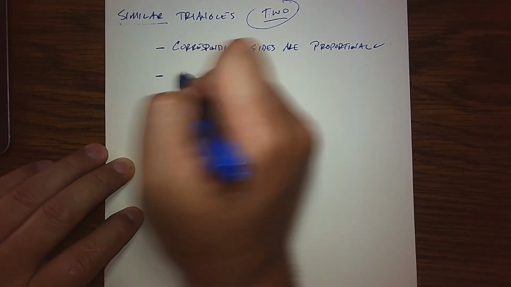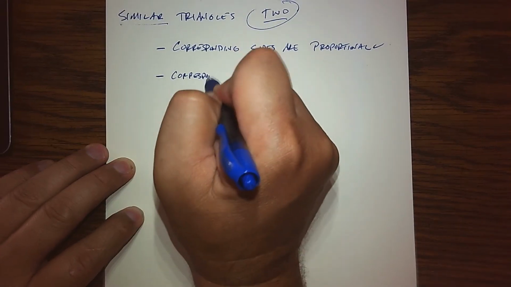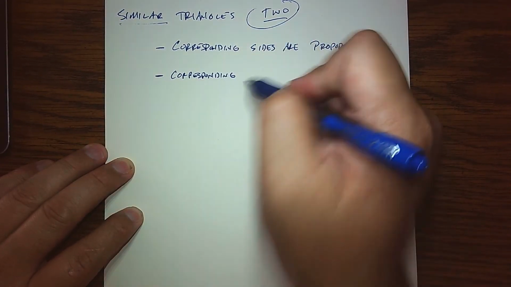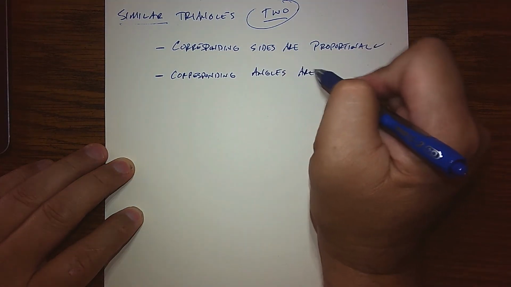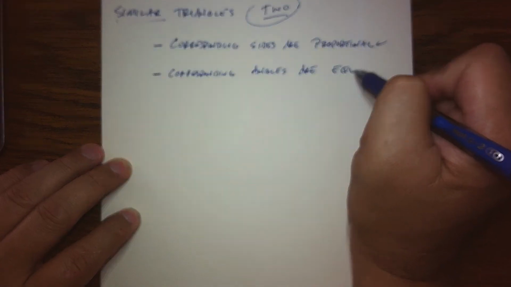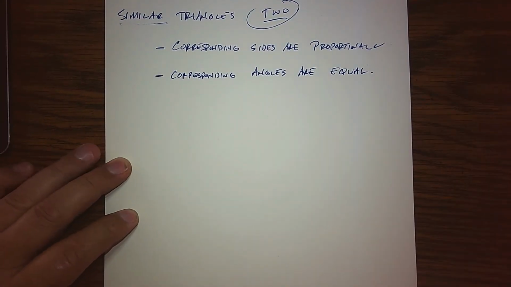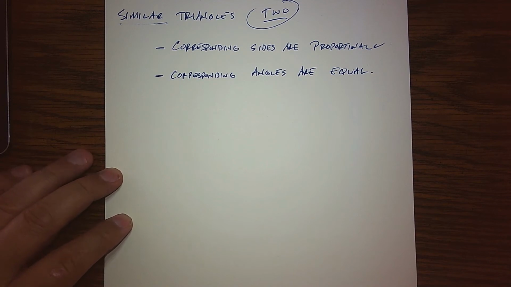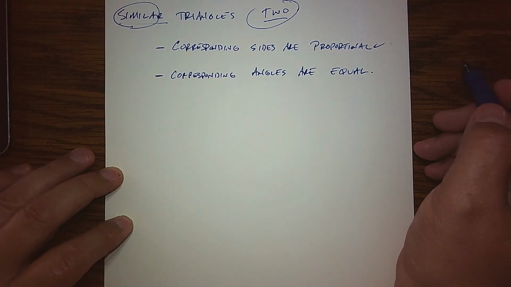And then the second thing that has to be happening is that the corresponding angles are equal. So in a triangle, there's three angles, hence the name triangle. So in a similar triangle situation, the corresponding angles are equal, right? And what makes them truly similar is that the corresponding sides are basically going to be proportional.